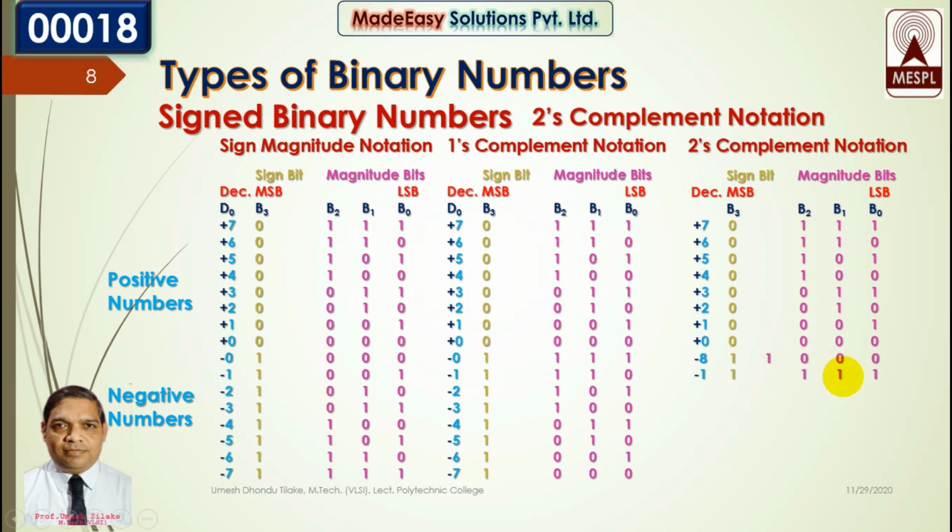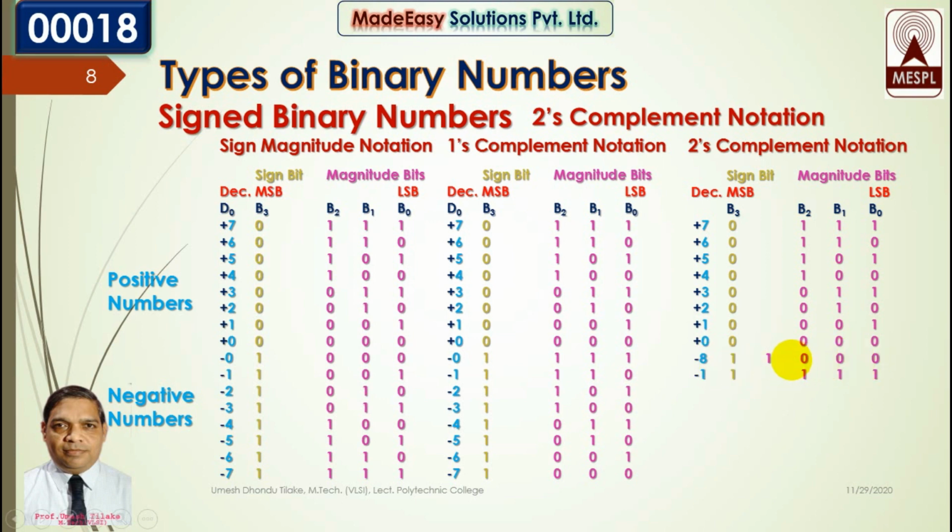So now here 7 is represented as minus 1, but in this case it is 8. But when you take 2's complement of 8, that is 1 0 0 0, you will get again 1 0 0 0. That means the binary numbers which are equal to the powers of 2 in decimal remain the same even if we take 2's complement. 2 power 3 is 8, so 1 0 0 0.